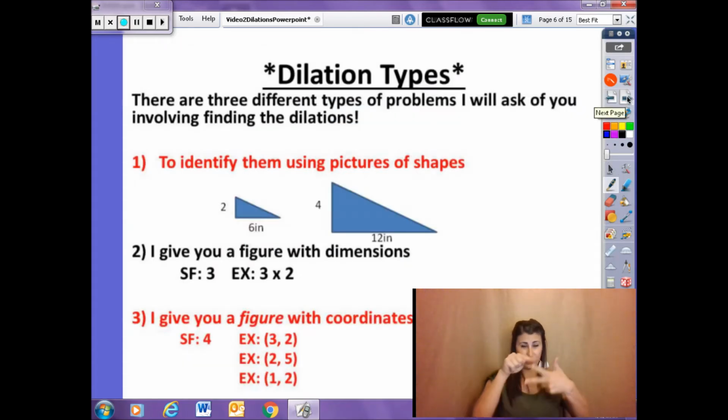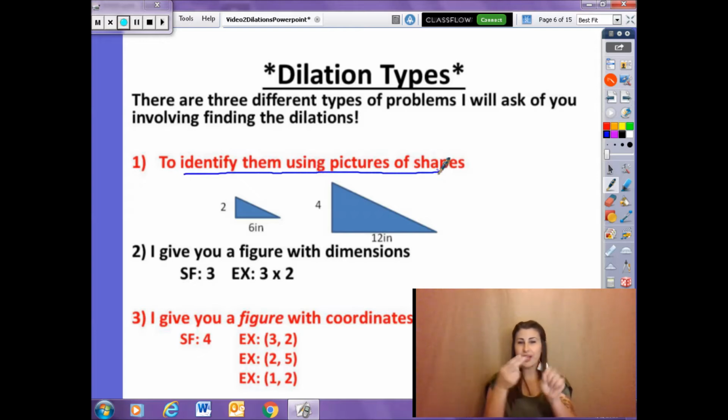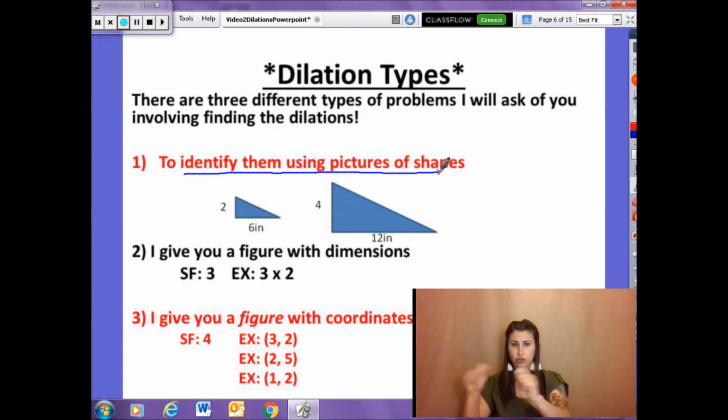So there are 3 different types of dilation problems that I'm going to be asking you to do. The first one is to identify them using pictures and shapes. Here's an example right here.